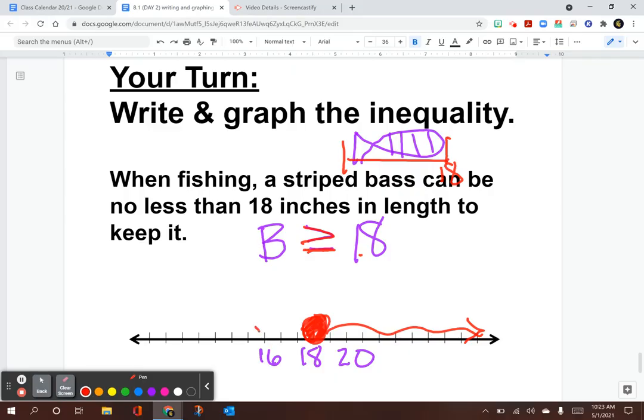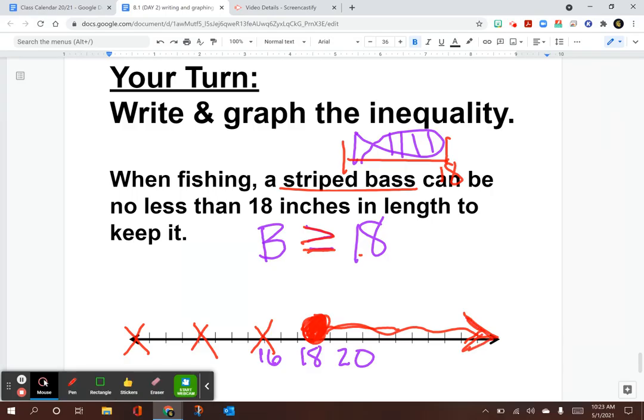You can't keep the 16 inches, the 12 inches, the 1-inch fish if it's a striped bass category. That's part of the law. But anything bigger than 18 inches, even if it's like 18 and just a smidgy, you're welcome to keep it. And then hopefully you can catch something way bigger than that.